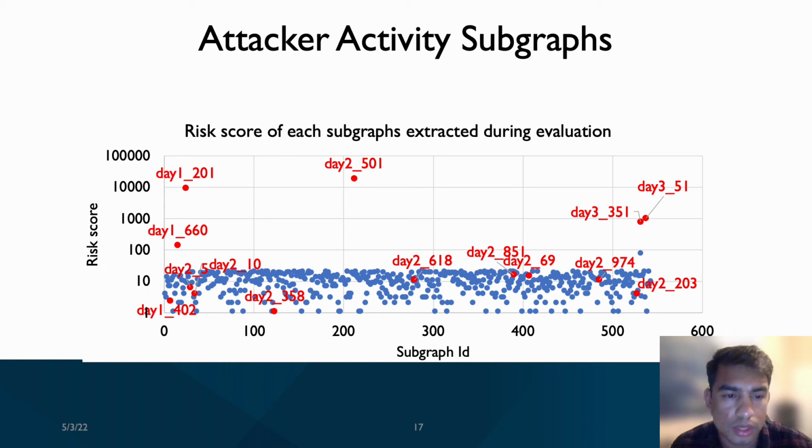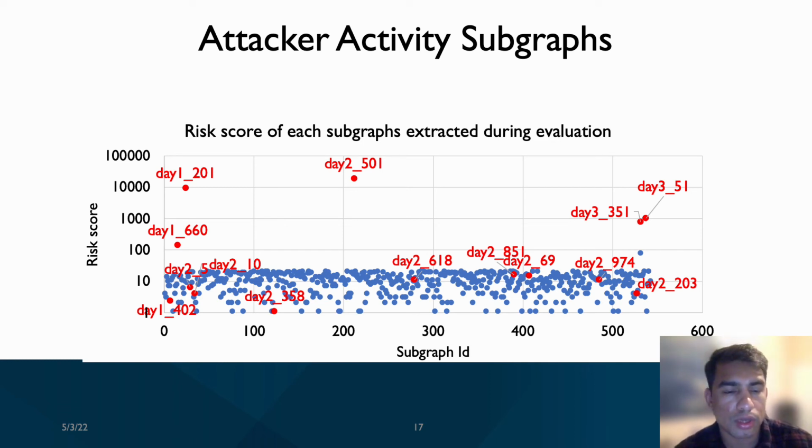Here we have the risk score associated with different subgraphs we have extracted from different hosts during the 3 attack campaigns. As you can see, on day 1 hosts 201 and 660, on day 2 host 501, and on day 3 hosts 351 and 51 have significantly higher risk score than the rest of the subgraphs. These hosts are the ones that contain the majority of the attackers' activity.